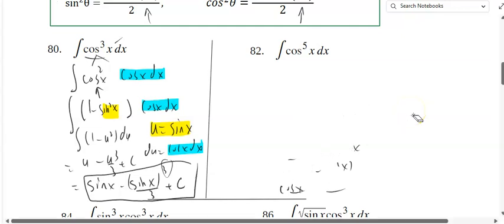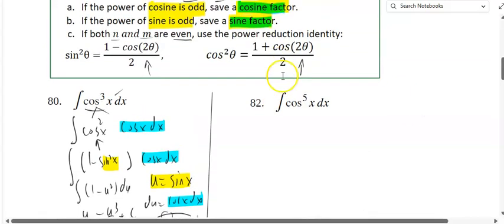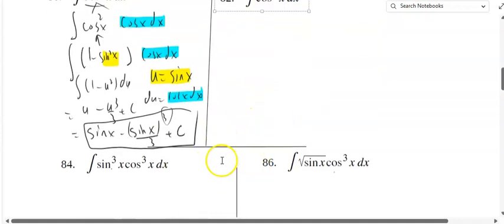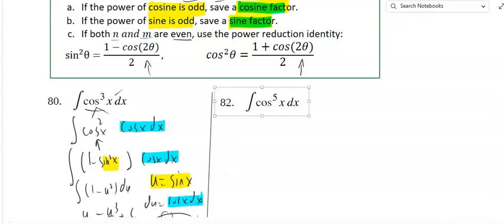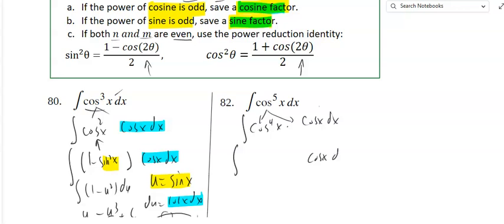So I see a combination, whether it's a sine by itself, cosine by itself, or a sine and cosine. So I wanted to start with the problems where you're dealing with each of those individually, then a combination of the two. Well, again, when you see an odd power of those, you say, okay, I'm going to take a cosine of x out. That means that must be leaving me with cosine to the fourth. And I'm going to say this is going to be my du.